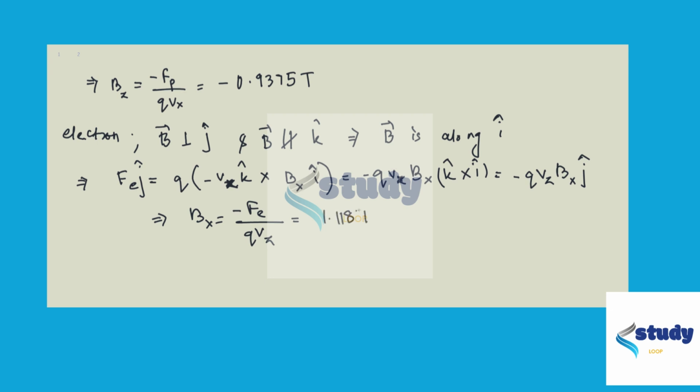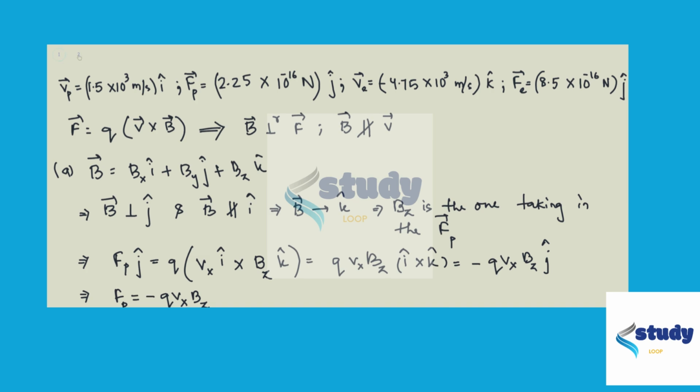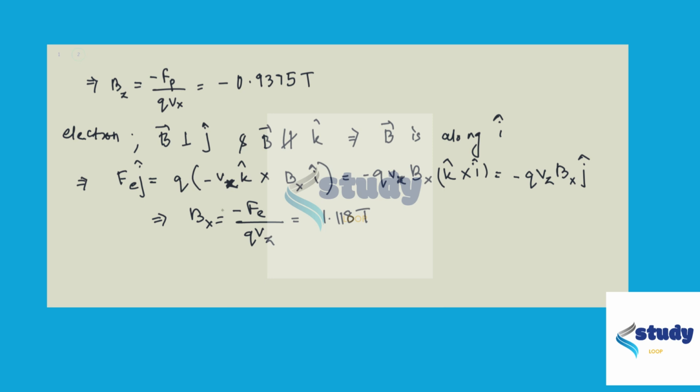Let me just write the charges over here. Qp is basically 1.6 times 10 to the power negative 19 coulombs, and Qe has the same value but with a negative sign. That's the reason we are getting Bx to be positive here.